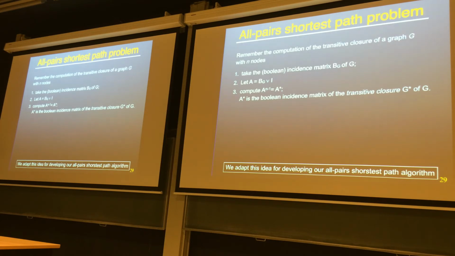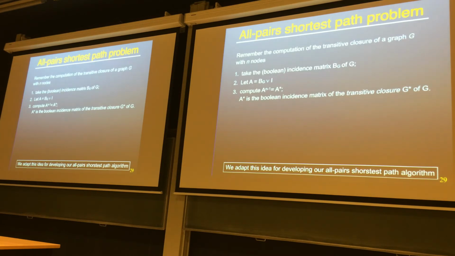And how to compute this transitive closure? Well, you could do that by taking the incidence matrix B, taking the OR with an identity matrix, and then considering the Boolean matrix. Then taking the (n-1)th power of this matrix, you call that A star. You could prove that A star is the Boolean incidence matrix of this transitive closure.